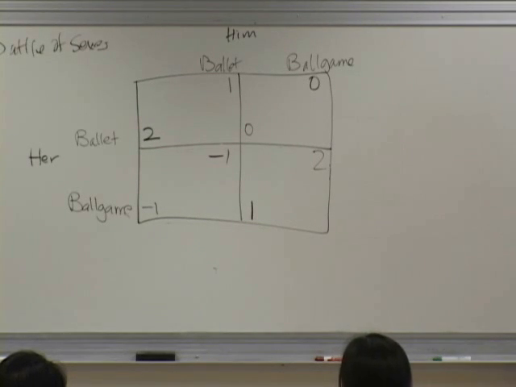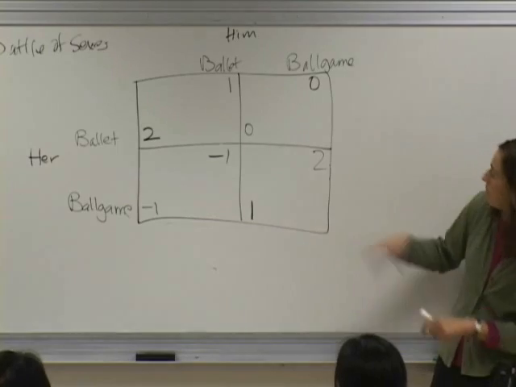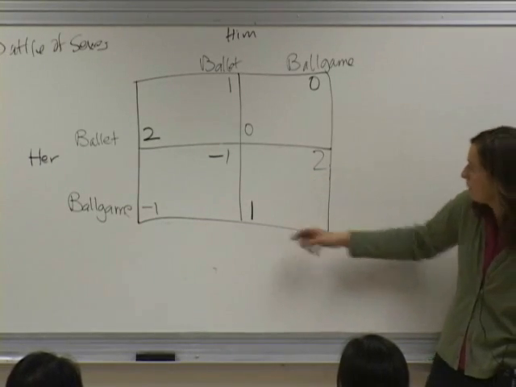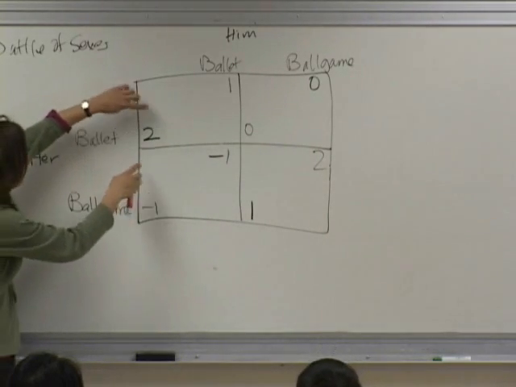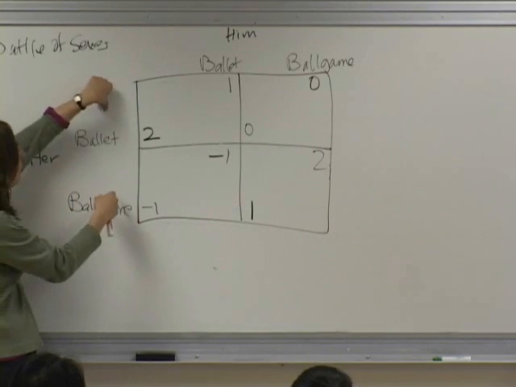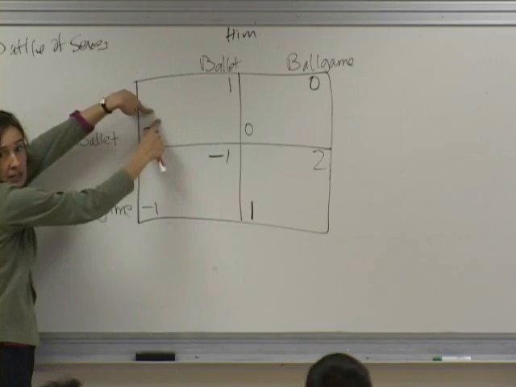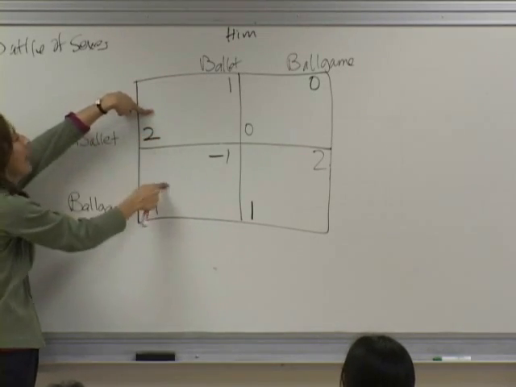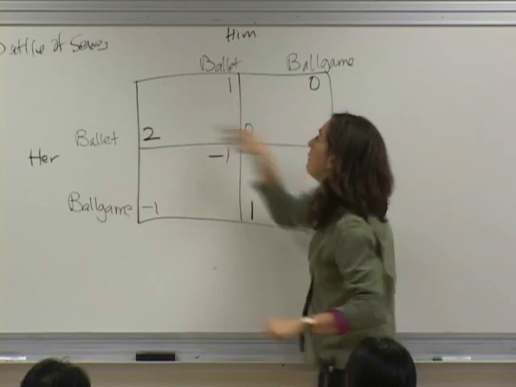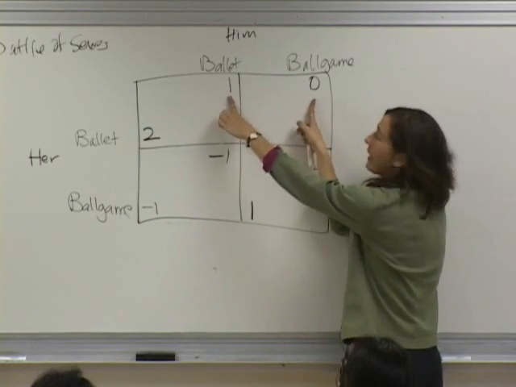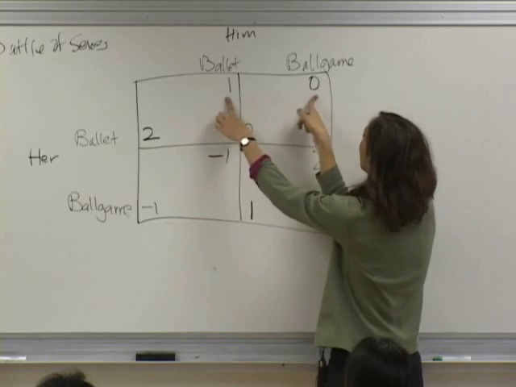So this is a game where I think it's probably pretty easy to see there are two Nash equilibria. Here's one Nash equilibrium. How do we see it? We see it because I'm the girl, I'm the row player. Given that he's at the ballet, you're darn tootin', I'm glad I'm there. If I'm the guy, the column player, given that she's at the ballet, it turns out I care more about her than I care about sports.